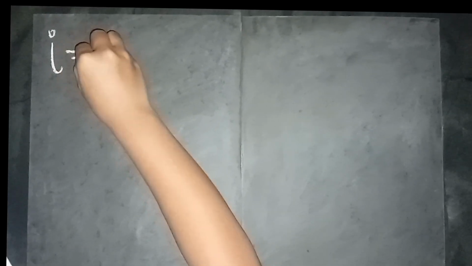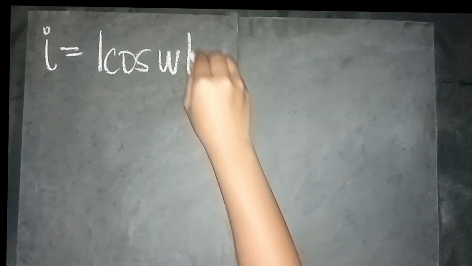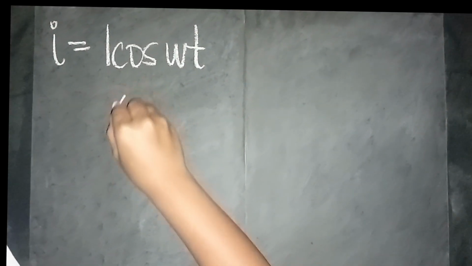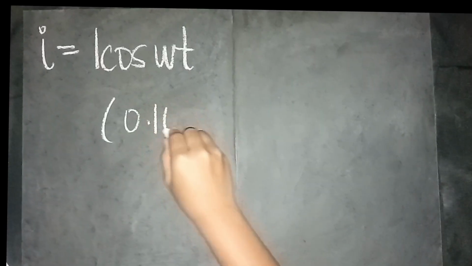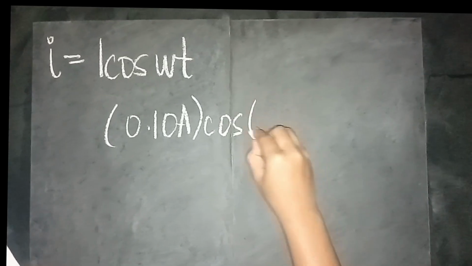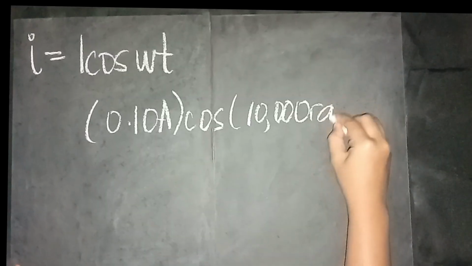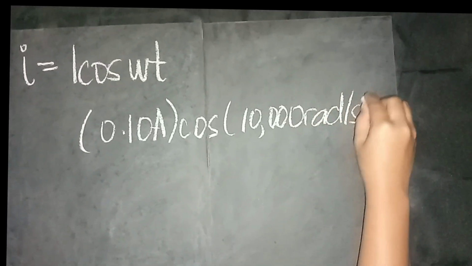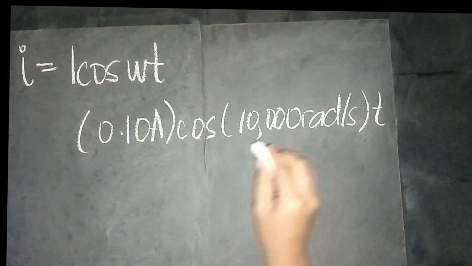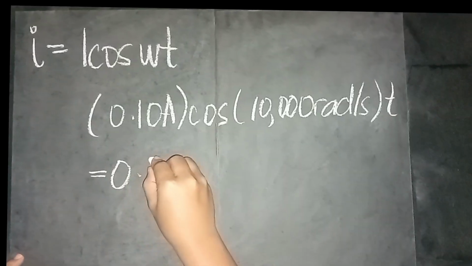First, we're going to find the instantaneous current. The formula for the instantaneous current is: instantaneous current is equal to maximum current times cos of angular frequency times time, so 0.10 amps cos 10,000 rad per second times time, is equal to 0.017.